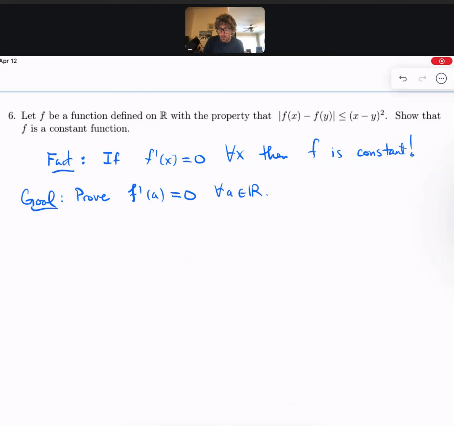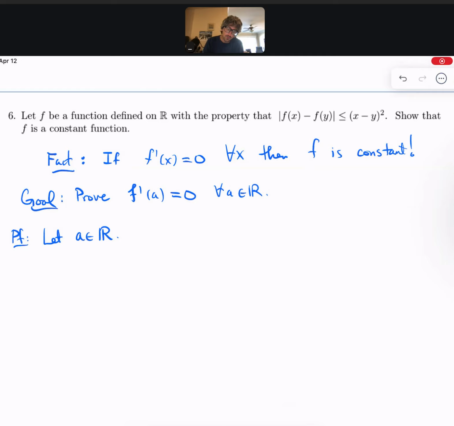The way our proof is going to go is we're going to let a be some arbitrary real number, and eventually we're going to calculate the limit of a difference quotient to calculate the derivative by the definition. But before we do that, we have to do a little bit of exploring.